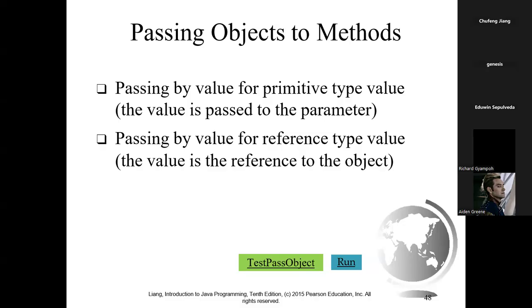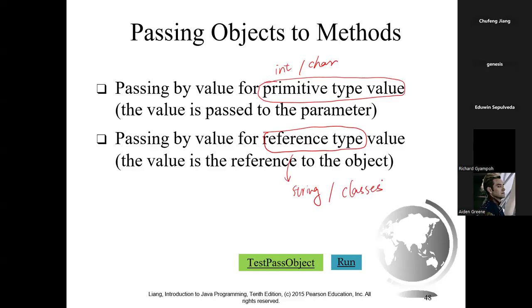Passing by value means we usually pass a primitive type value, like an int or char value, right? And of course, we can also pass a reference type. Usually those are strings and the classes we created. Those are reference types. So this is the difference between passing by value and passing by reference.